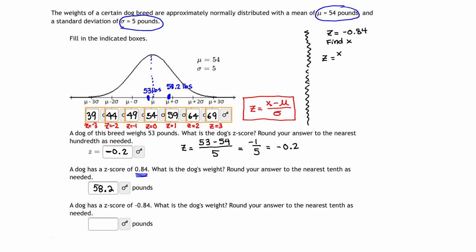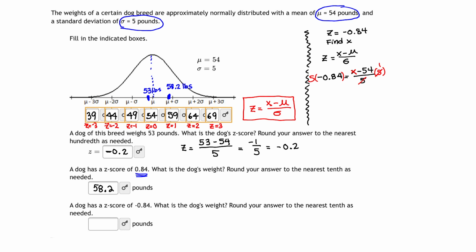Z equals x minus the mean divided by the standard deviation. So let's substitute negative 0.84 in place of z. X is what we're solving for, and our mean is 54. We're dividing by 5, our standard deviation, and to solve this simple algebraic equation for x, we need to first get rid of 5 in the denominator, so I'm going to multiply both sides of my equation by 5.